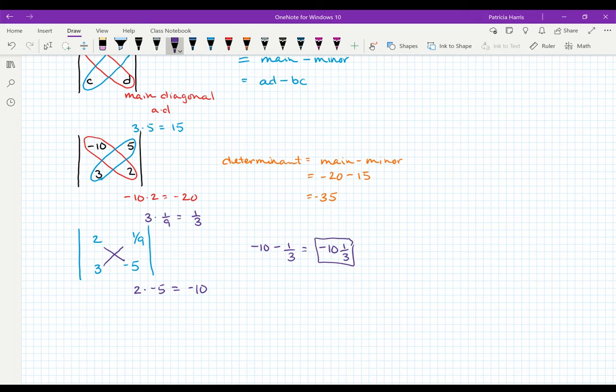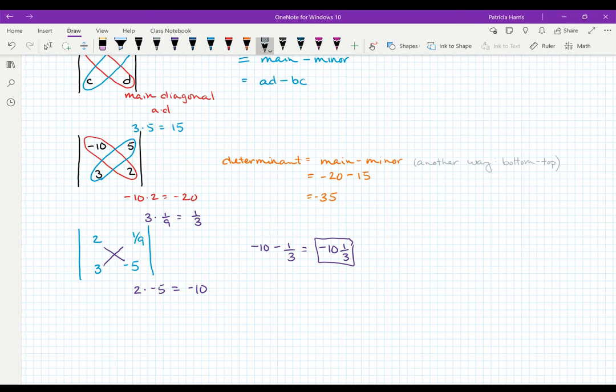And that's our determinant. Okay, another way to think about it, and it might be a little easier for you when we get going on the 3x3, is think of it as bottom minus top. Okay, that's kind of a little easier to remember because I always get confused about who's my main, who's my minor. It gets a little confusing sometimes.